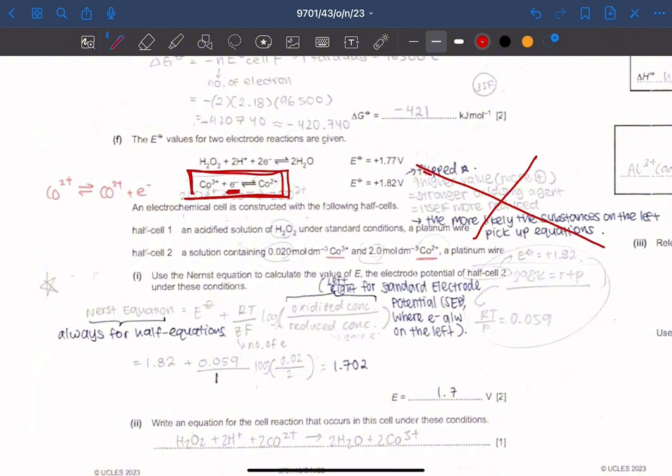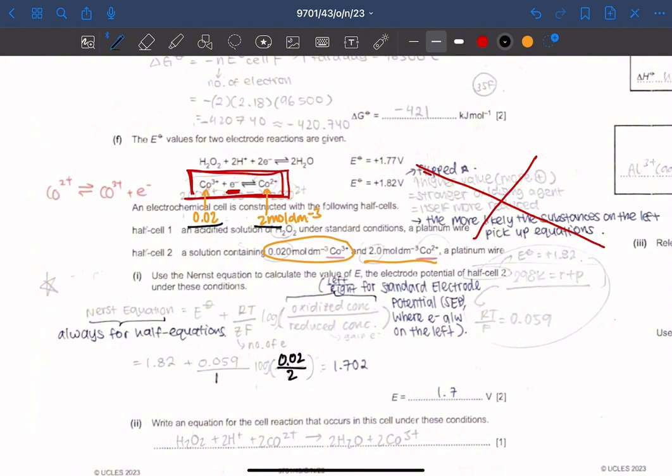So for example, if we use this equation where e minus is on the left, it states that the solution contains 0.02 mole per dm cube of Co3+, so Co3+ has 0.02 concentration, and Co2+ has 2 mole per dm cube. So in this equation, the one on the left is 0.02, and the one on the right is 2. So we do 0.02 divided by 2.